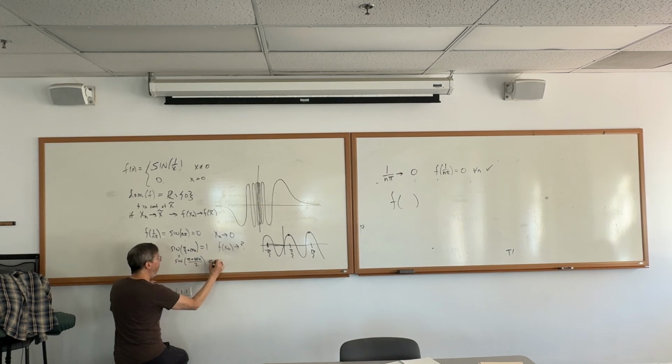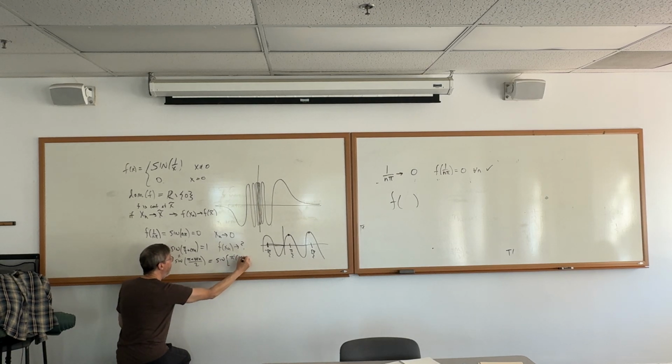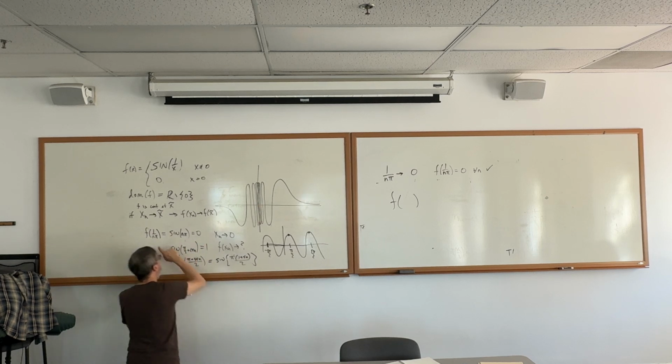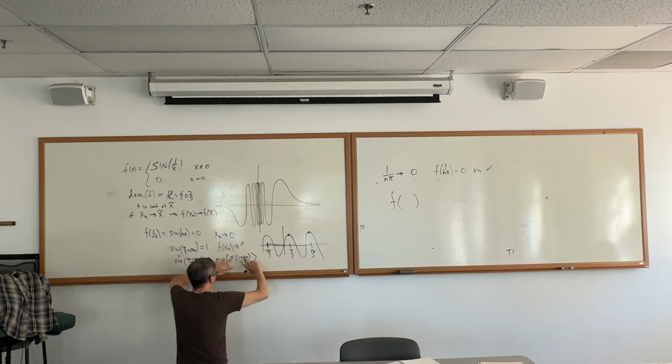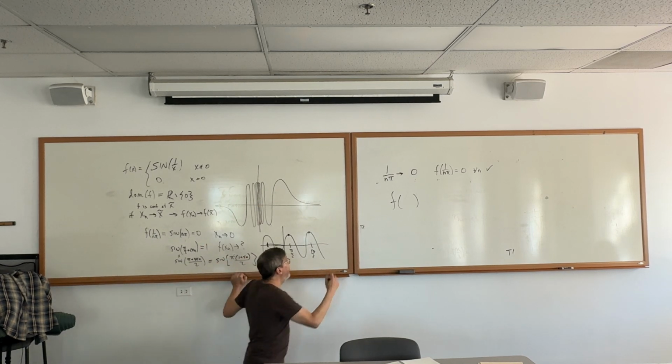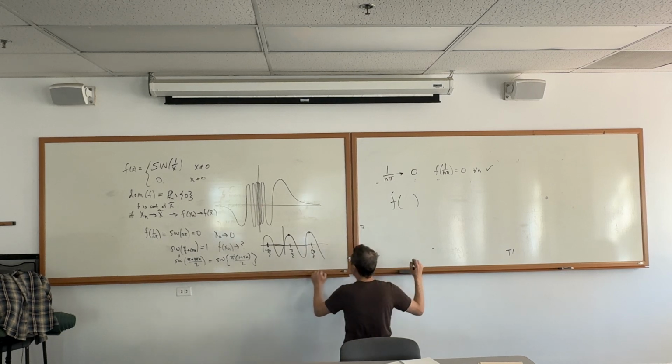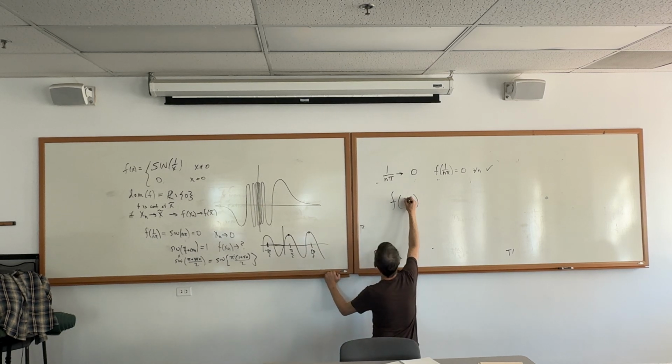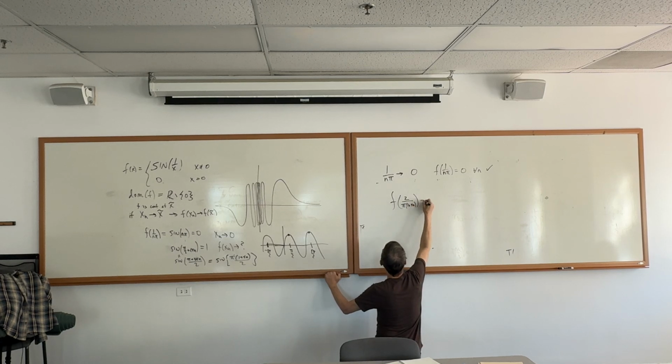And then just one more little tweak, that's sine of pi times, let's leave the pi on top, pi times 1 plus 4n, over 2. So if I make my sequence the reciprocal of that, so if I come over here and say, okay, what about f of 2 over pi times 1 plus 4n?